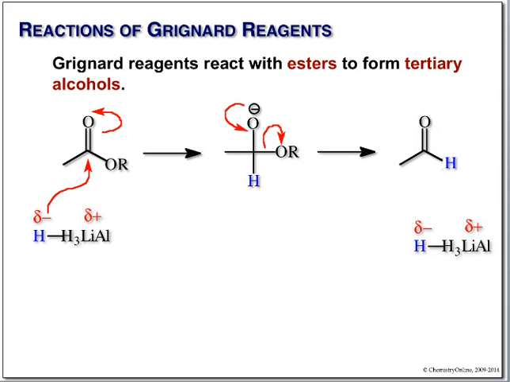So think about the logic here. We add a nucleophile, form an addition intermediate. This addition intermediate has a leaving group on it. The leaving group can grab its electrons and leave, and when it does, we reform a carbonyl. Now that's kind of neat.